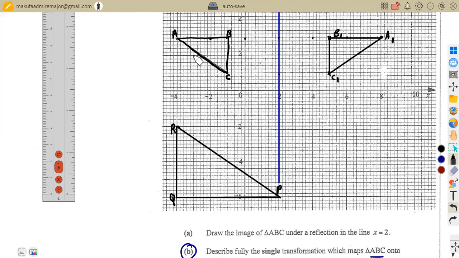The isometries, remember, we talk of rotation, reflection, translation. So the three isometries are not there because this shape and this shape are not of the same size. The size is bigger. Shear is not there because, from the properties of a shear, I think I explained that the sides you'll be seeing will be slight.